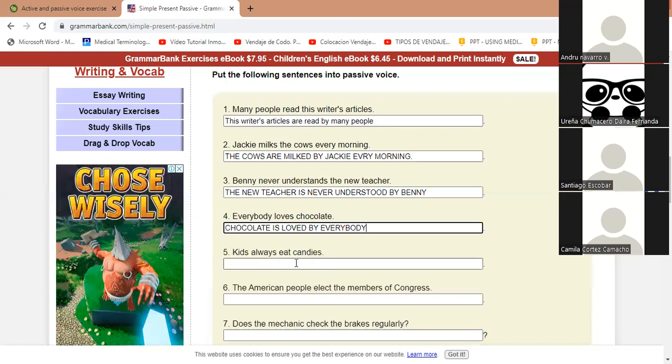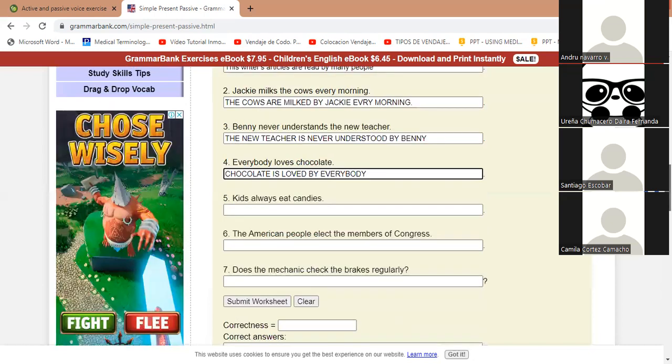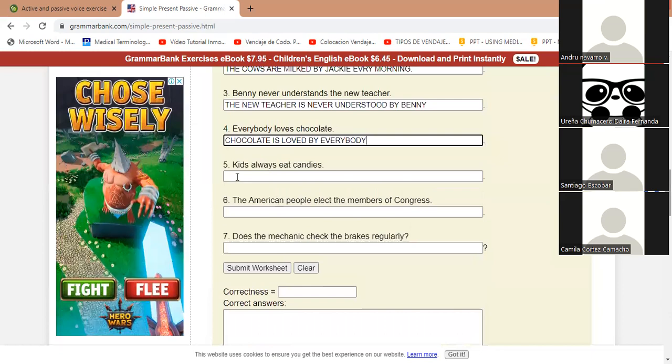Number 6, let's see, Camila, do number 6. 6 and 7. Vamos a ver. Okay. The members of Congress are elected by the American people. Okay, good. So primero léemelo, pero el active voice.